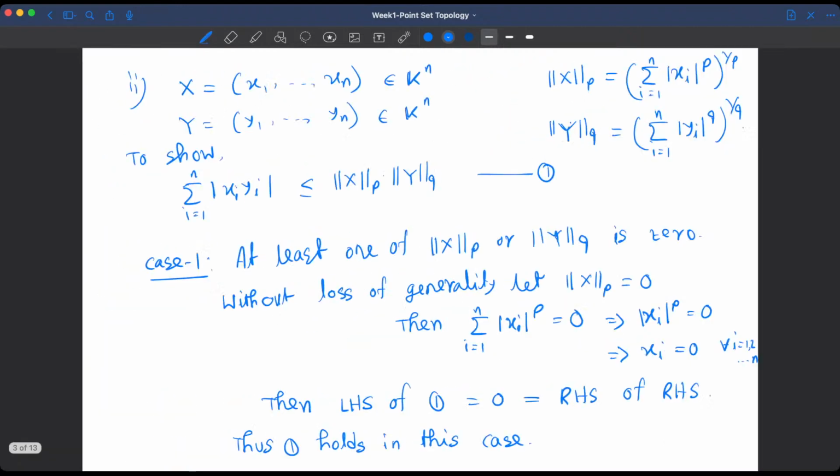I'm just dividing this part and this part on this side, that is, you divide xi by norm xp and yi by norm yq.